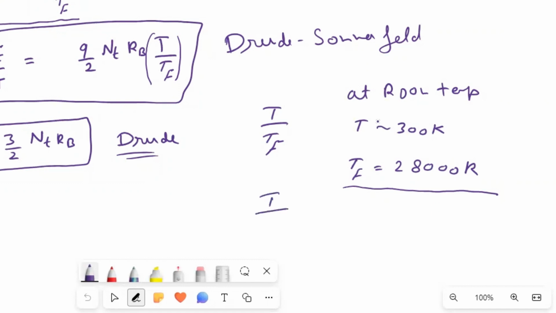And if we divide T by T_F, it comes out to around 10 to the power minus 2. So basically, the Drude model was overestimating by a factor of 10 to the power 2 because there was no term T upon T_F. The Drude-Sommerfeld model actually takes care of this. This was the beauty of the Drude-Sommerfeld model.